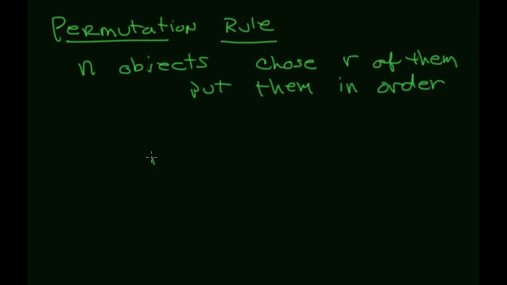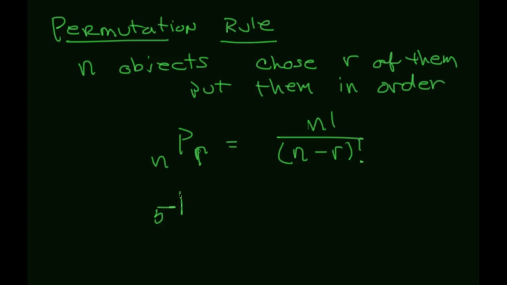Okay, and we have a formula for this. We say that nPr, so that's taking a permutation of size r from a set of size n, is n factorial over n minus r factorial. Okay, so let's say I had 5 objects and I want to choose a pair of them, and I want to know how many different ways can that happen.